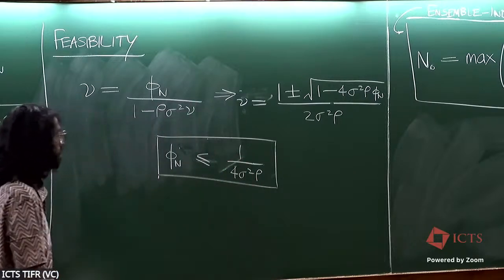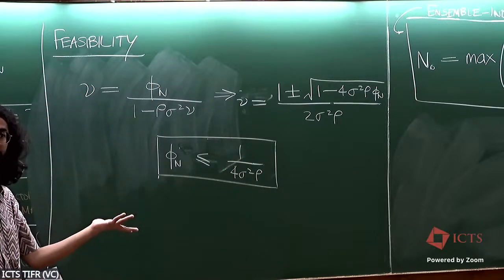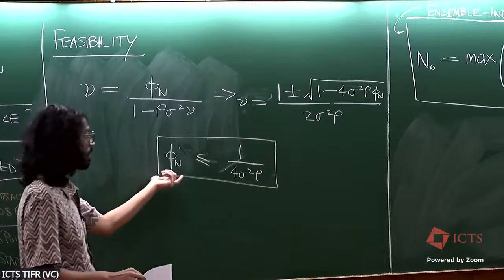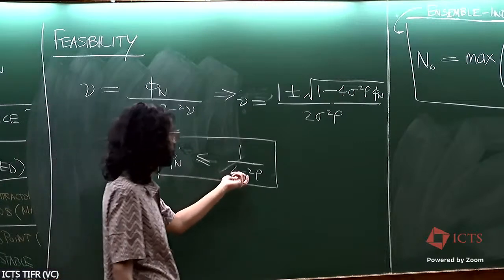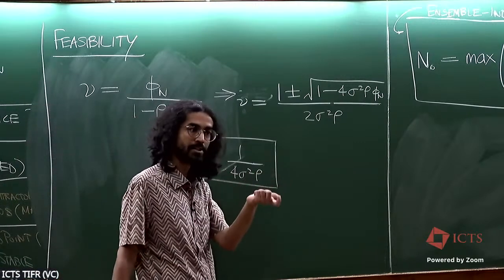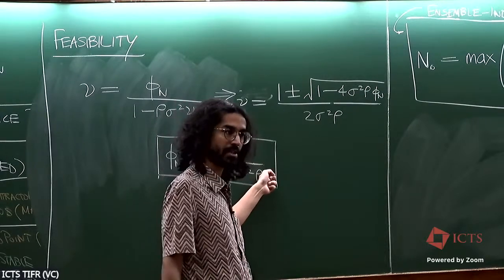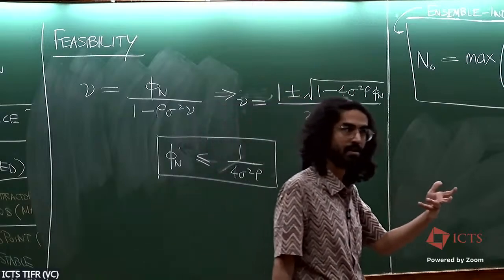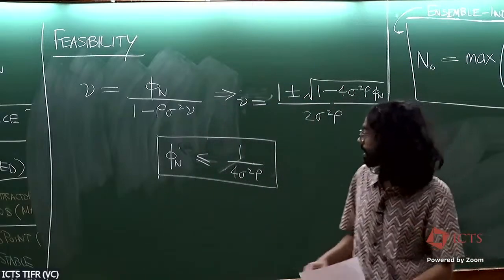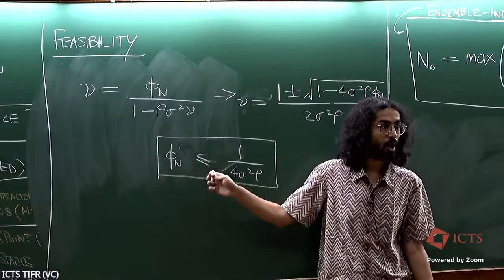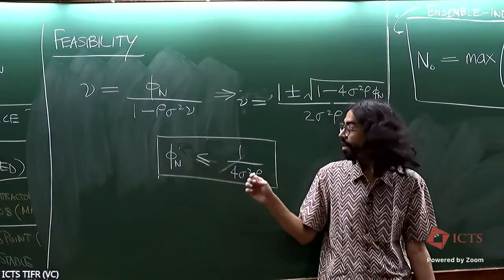And so what is this saying physically? One way to interpret it is that once you choose some variance of the interaction strengths and some amount of symmetry in this matrix, once you fix this matrix, can you pack as many species as you want? Well, not always.